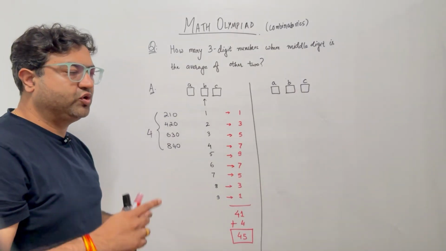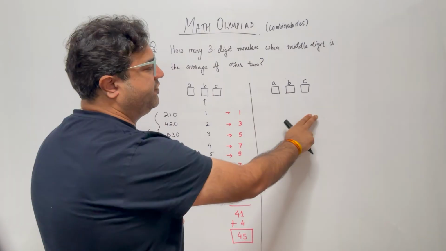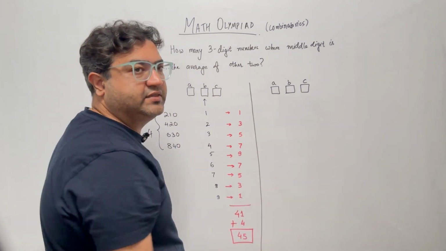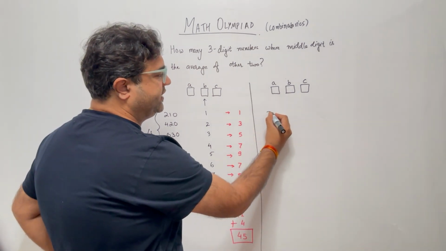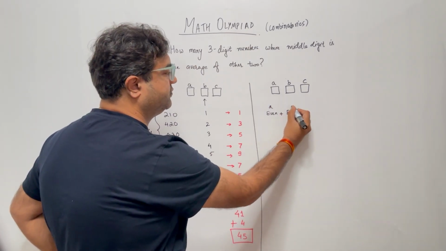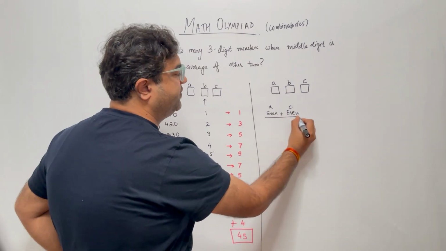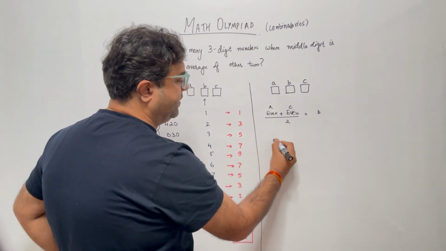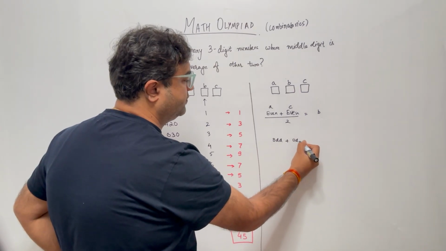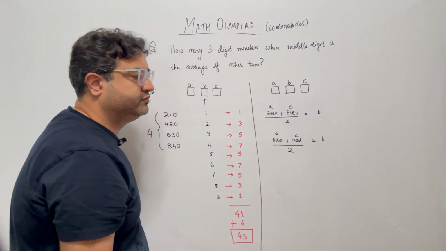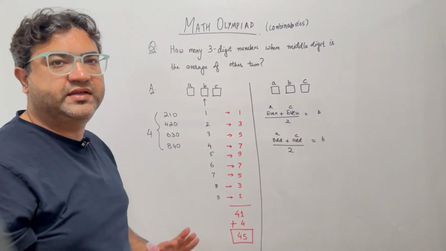Okay. Since it is averaging, for an average, the sum of A and C has to be even. So either it can be even plus even, and when we average it out, we will get B, or it can be odd plus odd, and when we average it out, it will give us B. So there are these two ways.